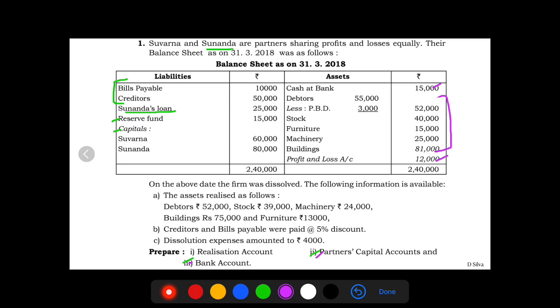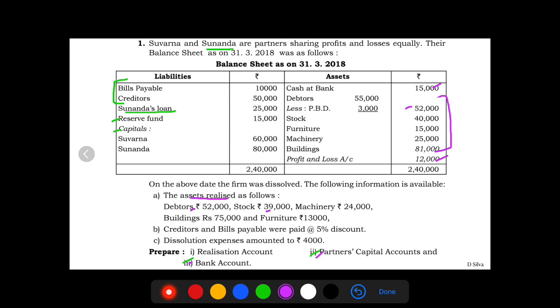If you follow the adjustment, they have given us assets that are being realized. They have already given us the realized value. For example, the debtors value that is realized is as it is, that is 52,000, whereas stock is being realized at 39,000. So that means the value of stock is actually reduced. Let us not worry about what is the reduced value.